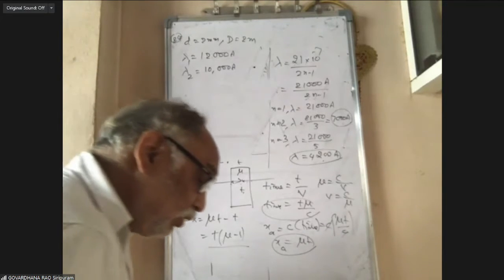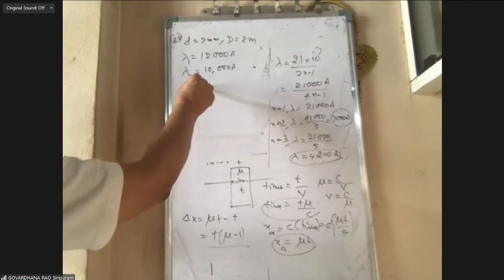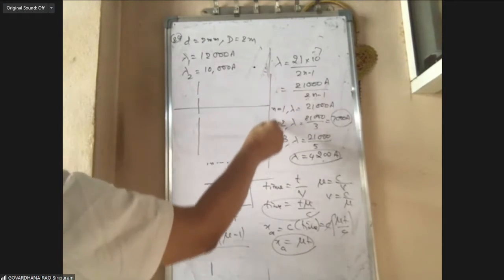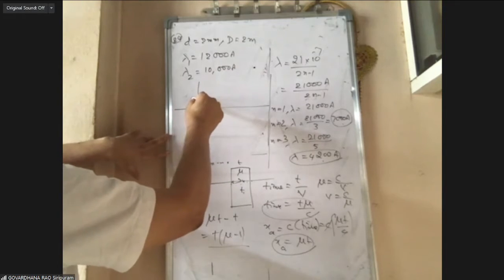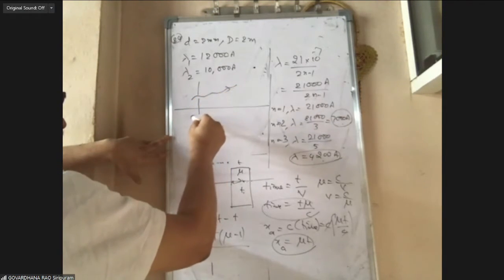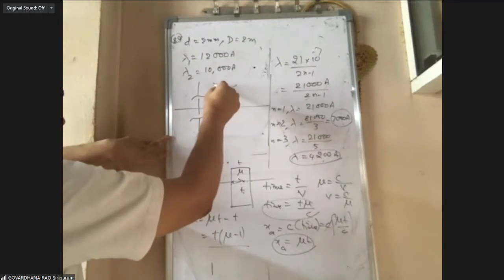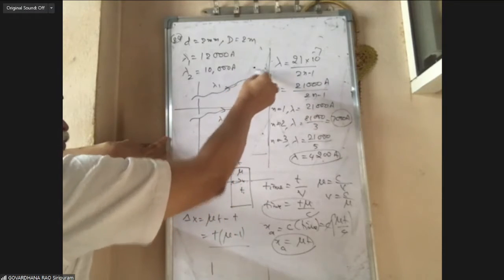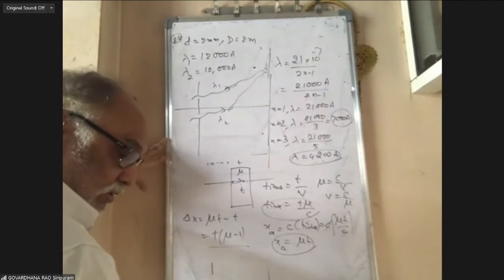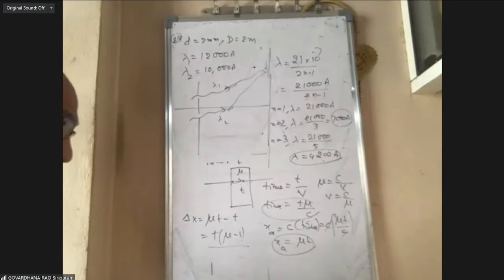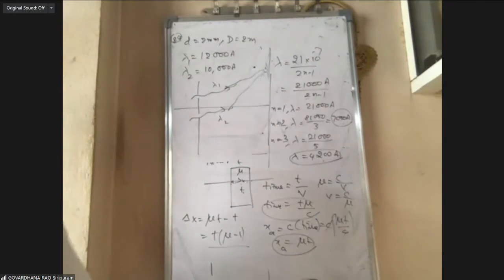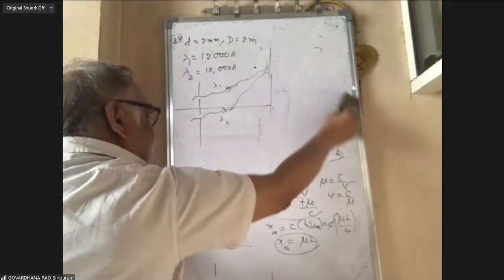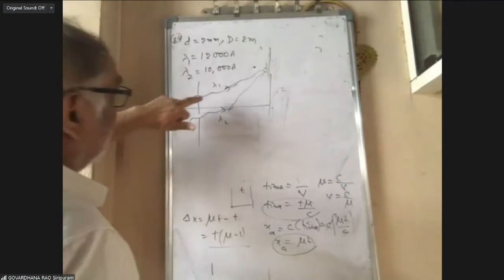Okay. Now this is the interference. Light is coming from this, light is also coming from this. So both are producing their own interference. When both are producing their own interference, what is it telling? Bright fringe of lambda 1.